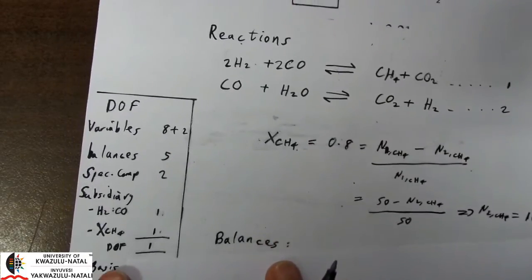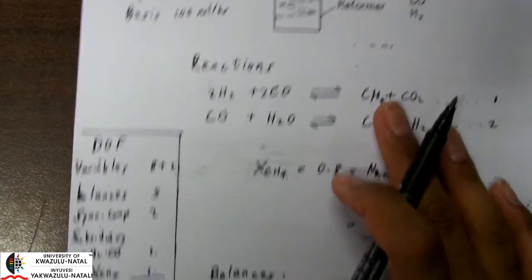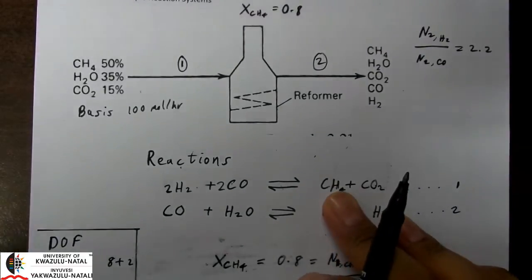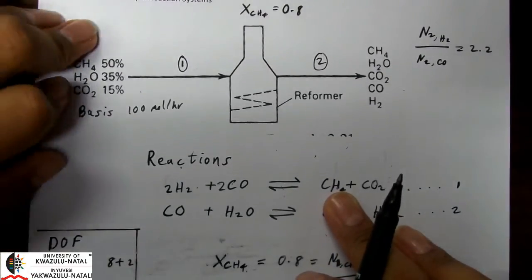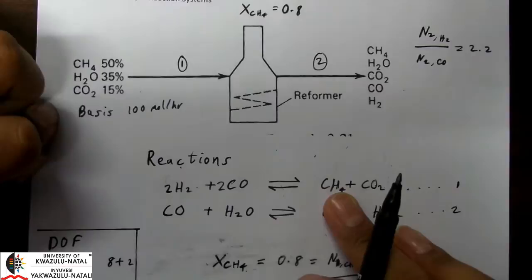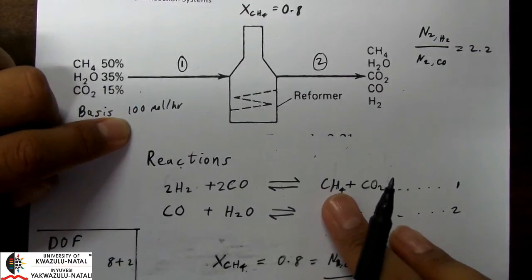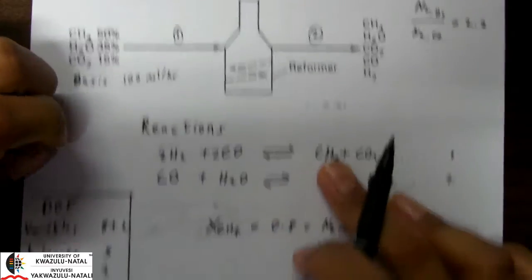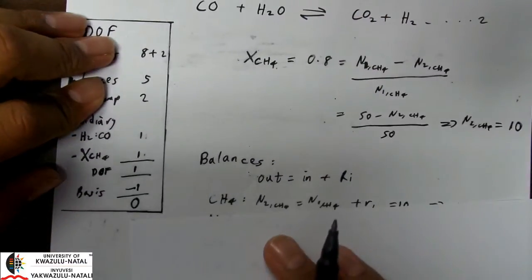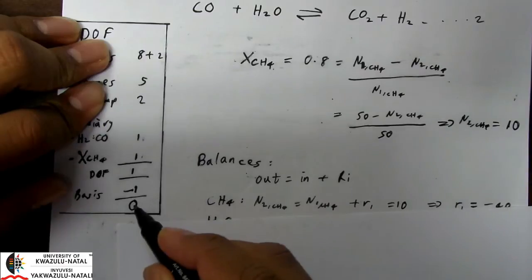Okay, and that will bring our degree of freedom to 1. And recall that we were not given any flows, so we are at liberty to add a basis. So we can add a basis for just 100 moles per hour of feed, and that will bring our degree of freedom to 0.